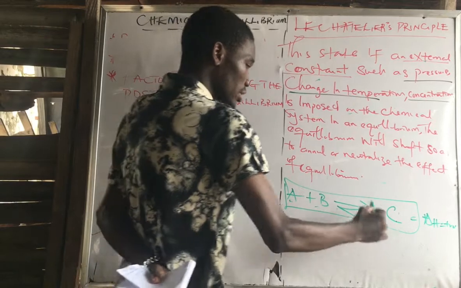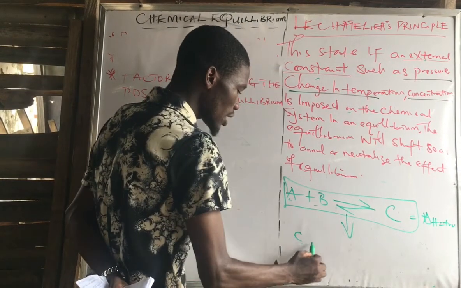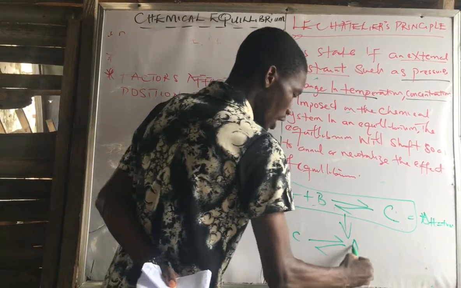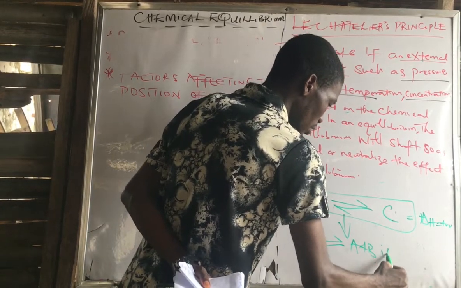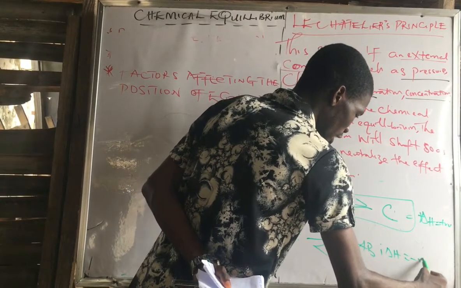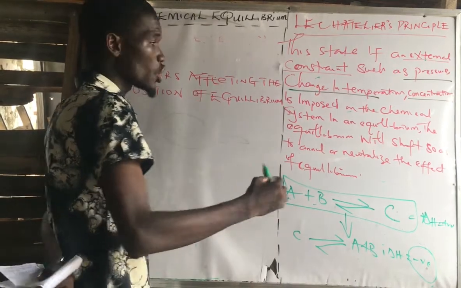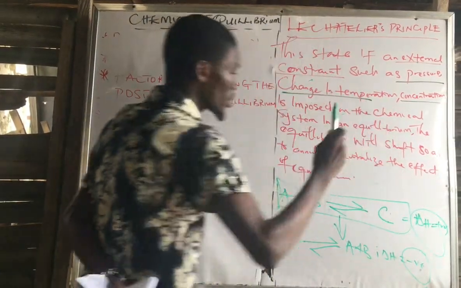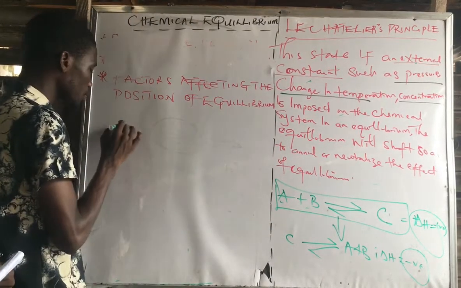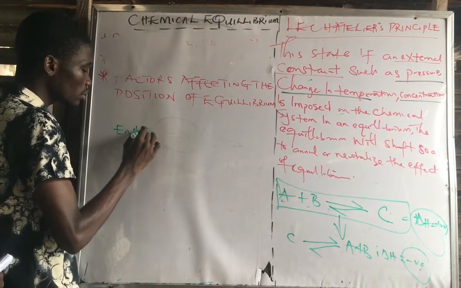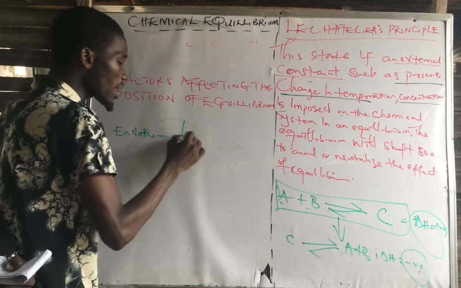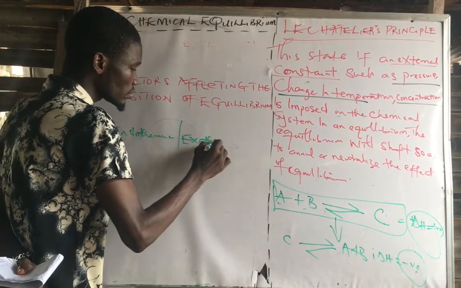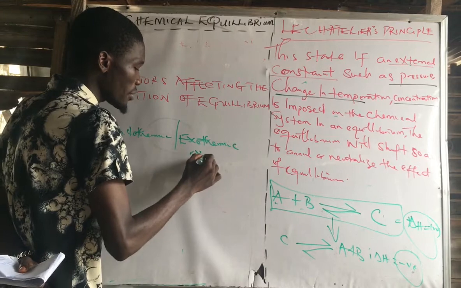And we also have C, A plus B, negative. So how does it impose on the equilibrium? It takes us to the endothermic and exothermic reaction.